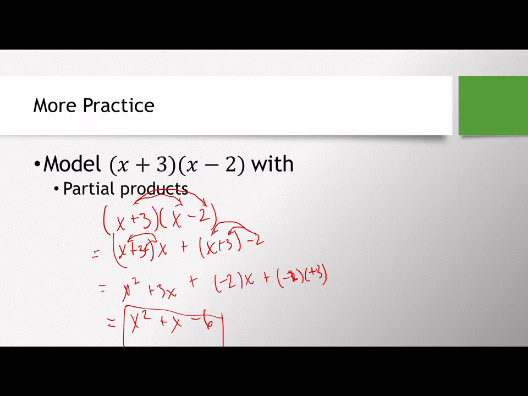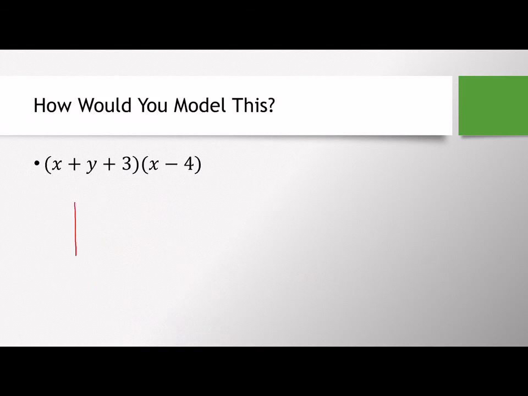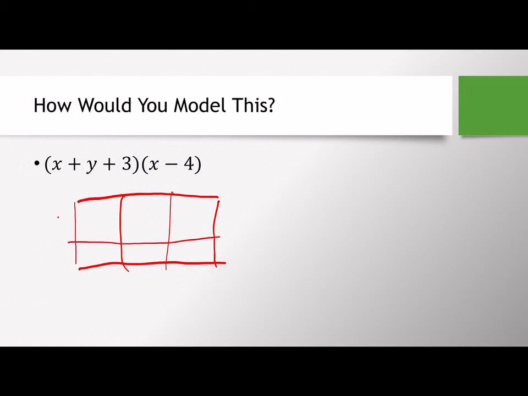So how do we model this? What would this look like? Here's our open box method to model it. x and minus 4, x and y, and 3. So we would do x times x equals x squared, y times x equals xy, 3 times x equals 3x.